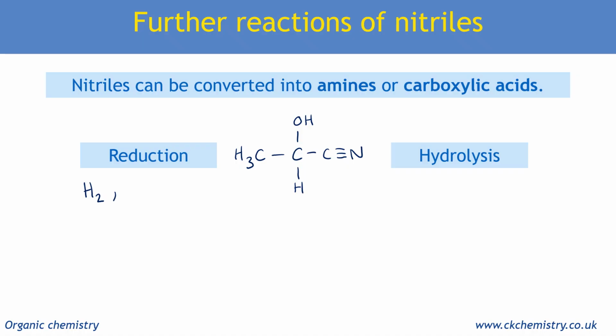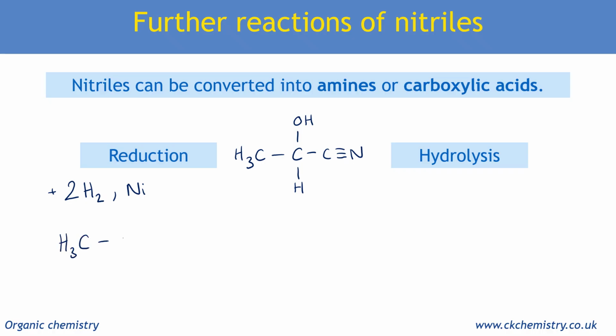We use a catalyst, nickel, which we also can use with alkenes, although sometimes we might use platinum. So we've got nickel, we've got hydrogen. In terms of the amount of hydrogen, I'm going to need 2 H2s, and that's because I've got a triple bond. So it's not enough just to add 2 hydrogen atoms, because that will only break the first part of it. I actually have to add 4 hydrogen atoms in total.